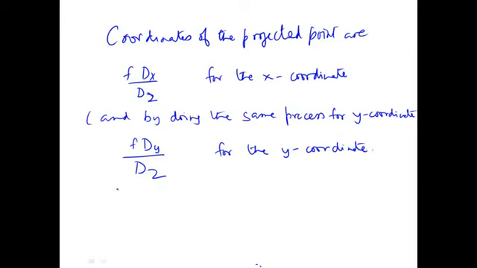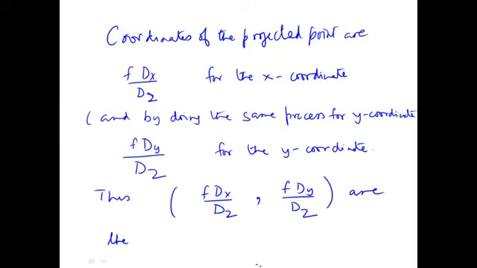And thus f d sub x upon d sub z, comma, f d sub y upon d sub z are the coordinates of the vanishing point of this family of lines. Okay, let's take a break here.